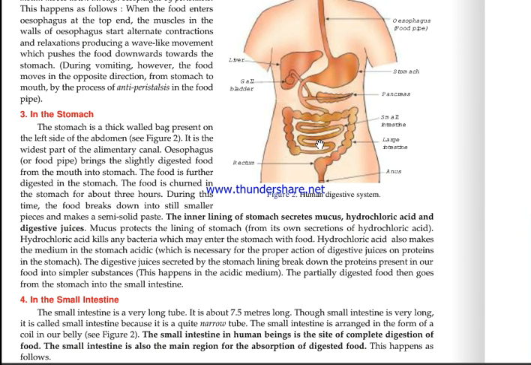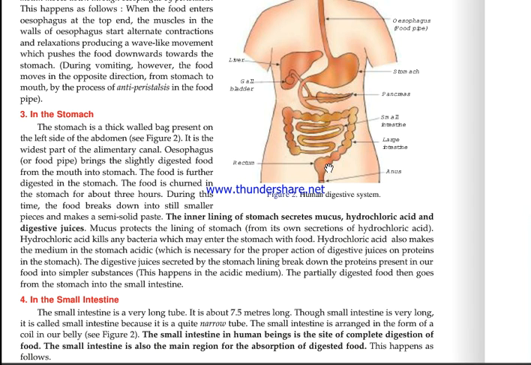Because of only their diameter. The diameter of the small intestine is smaller, or we can say it looks like a narrow tube, and in comparison to this, the diameter of the large intestine is larger.